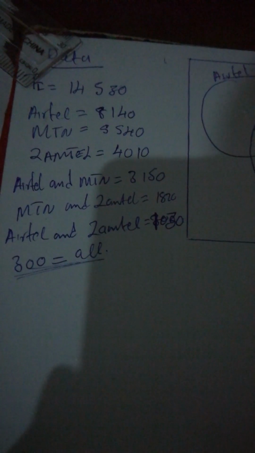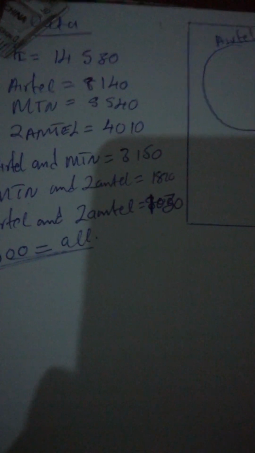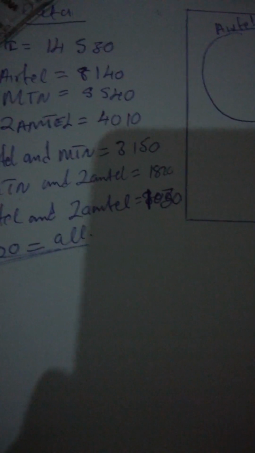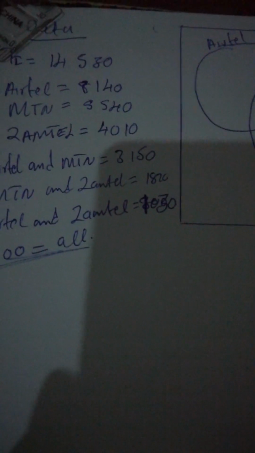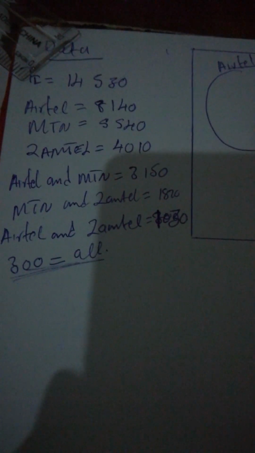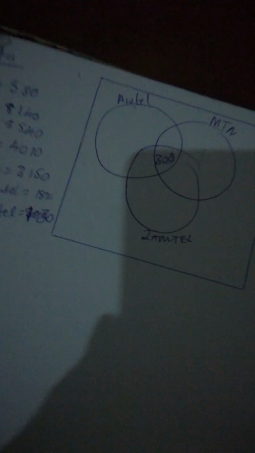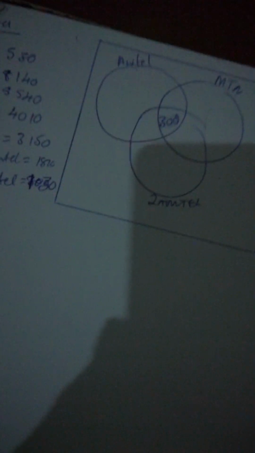But not to confuse you: when you have a question which says Airtel and MTN, you must subtract those who preferred all the three. But if the question states those who preferred Airtel and MTN only, then you must not subtract.